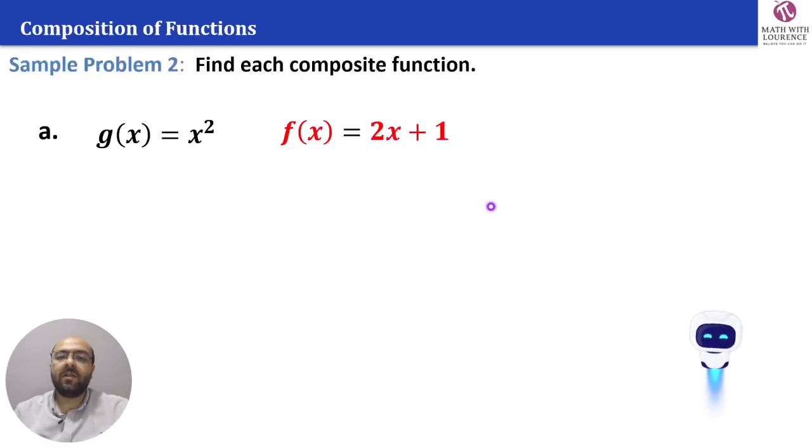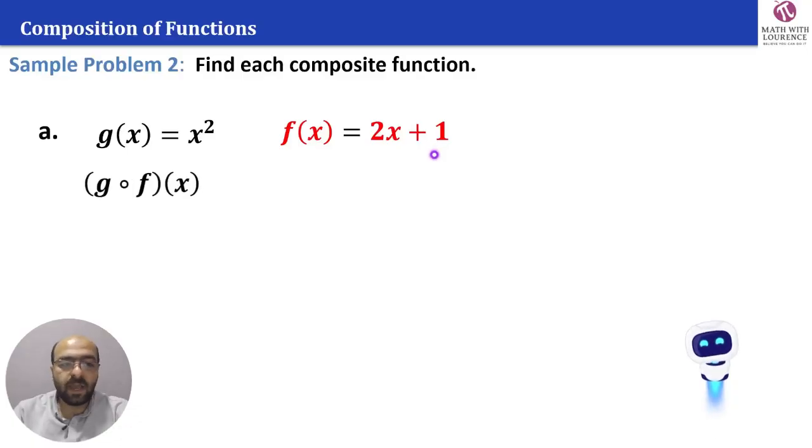How is that? Look at this exercise, very easy. I have g of x equal to x squared and f of x equal to 2x plus 1. First of all, I am asked to find g of f. So I will start with g and substitute f.